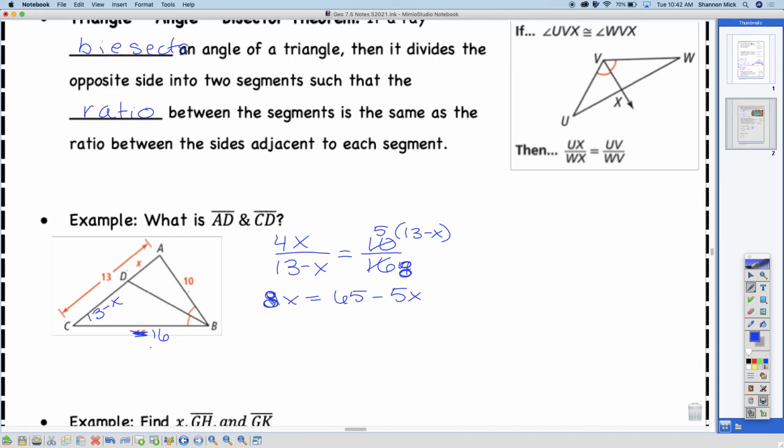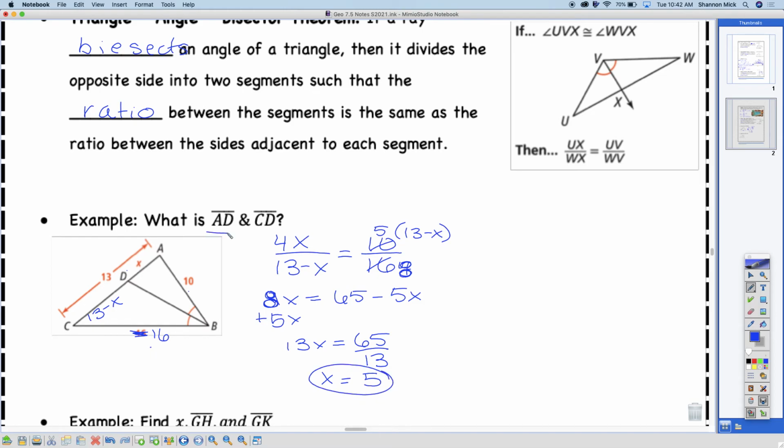Am I supposed to do that? No. Add 5x. Is that what I do? So plus 5x. So I get 13x equals 65. Divide by 13. Well, we just multiplied 13 by what and got 65? 5. So x is 5.